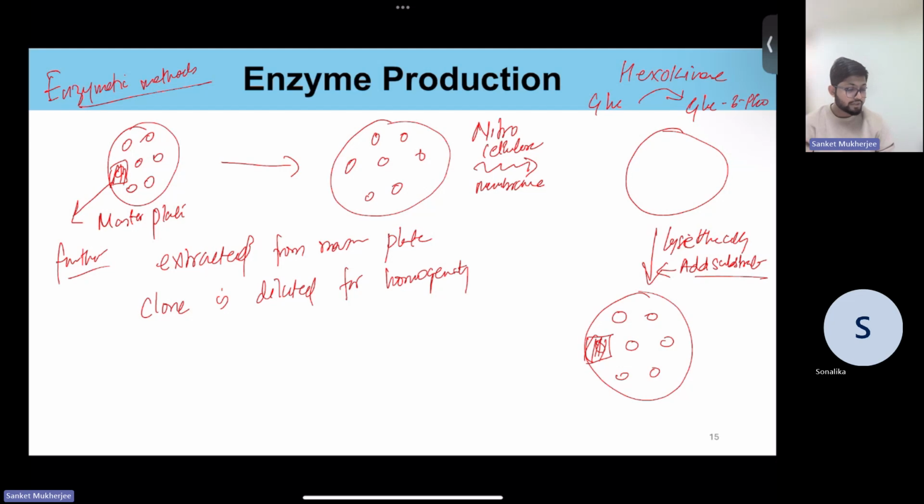So you need to dilute it. And then we need to check the purity using a PCR. Let's say this is the DNA, it is present. You perform PCR to check whether you are getting multiple copies of this DNA. That is very important, using sequence specific primers.